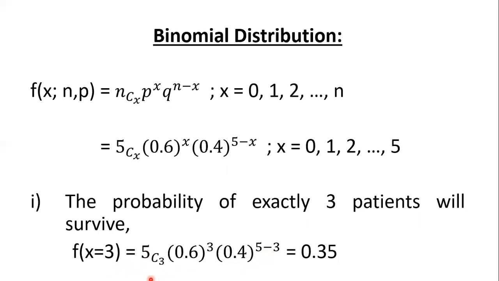Here n equal to 5, probability of success p equal to 0.6 and the probability of failure q equal to 0.4. Finally, after calculating, we get the probability P of x equal to 3 equal to 0.35.